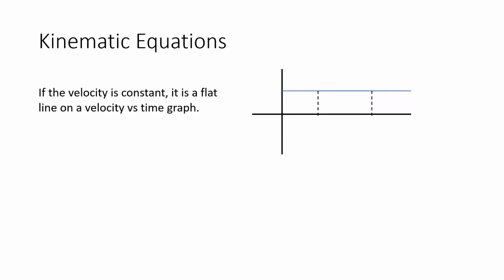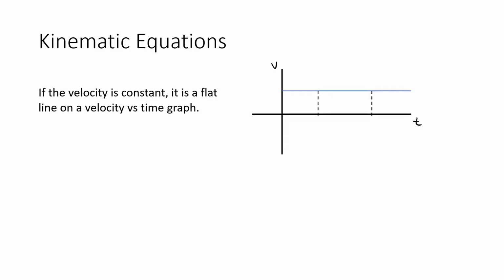I need to label my axes, so let's do that. So this is velocity versus time. And I'm only considering two pieces. I'm not starting right when the thing starts going.